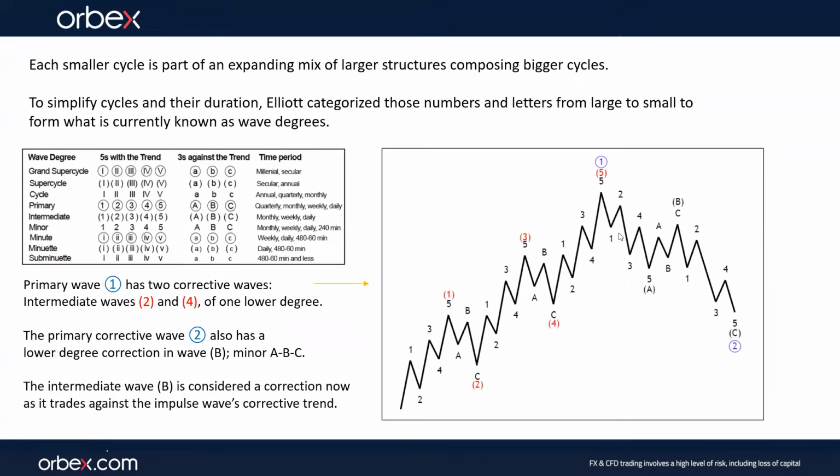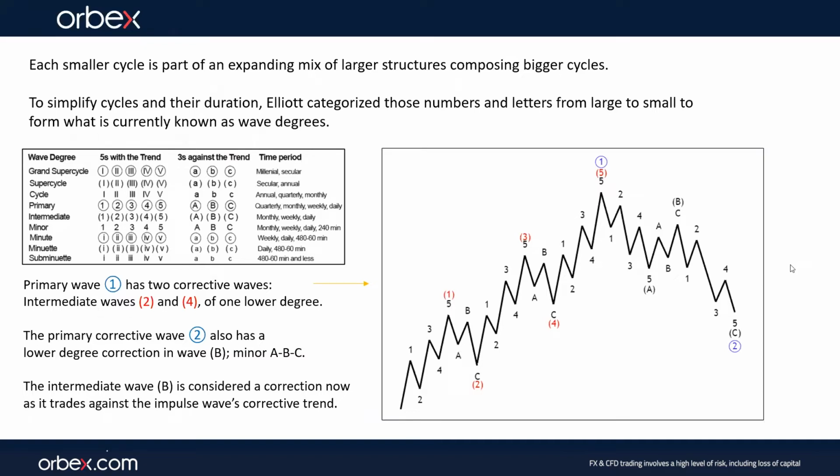The A wave here is 1, 2, 3, 4, 5 to the downside, and the C wave is 1, 2, 3, 4, 5 to the downside as well. However, to the upside, we have an ABC. So this is corrective against the whole trend. As I said, any questions that you want to throw at me, just to have confirmation, let me know. But this is the basic principle of the Elliott wave theory, looking at the trends as well.